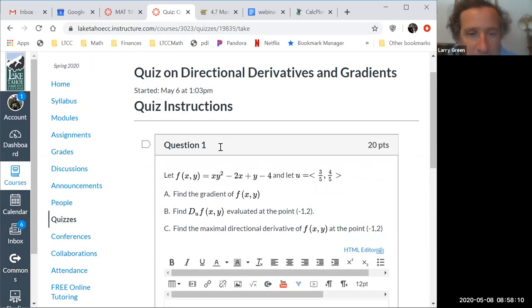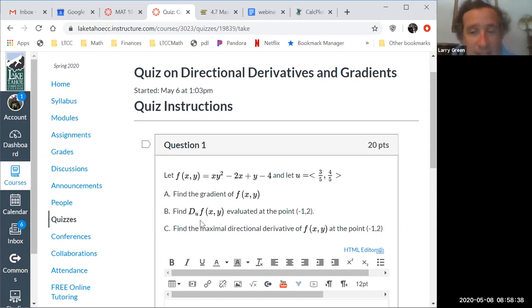All right, so B is find du of f of xy evaluated at the point -1, 2. One of the hardest things about this is just to remember what all this stuff means. So we got to try and find what does all this mean. And here we have du of f of xy.